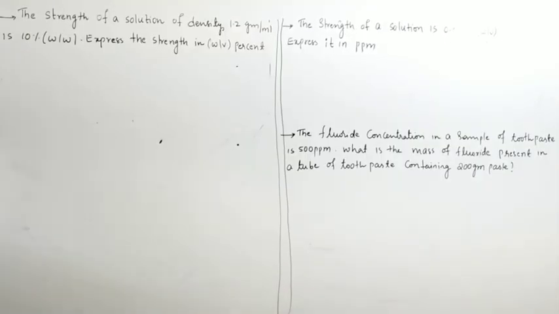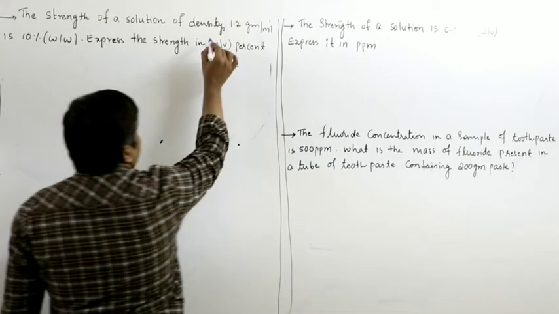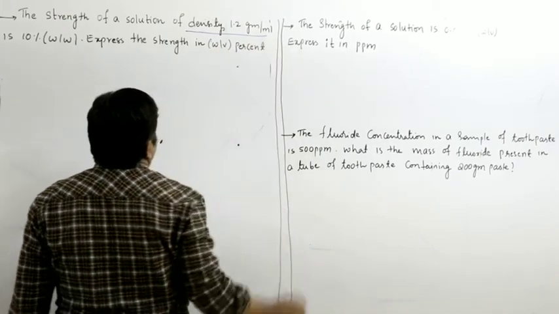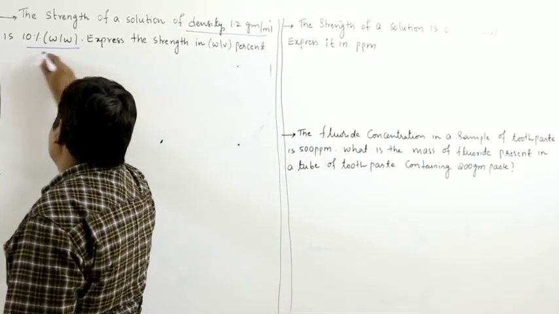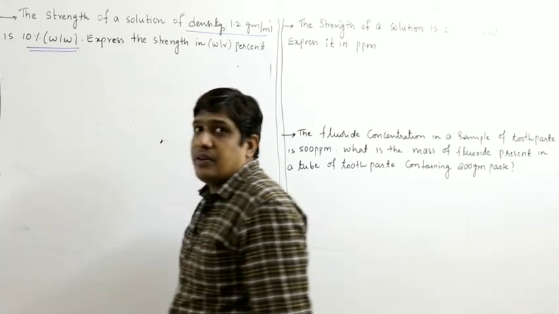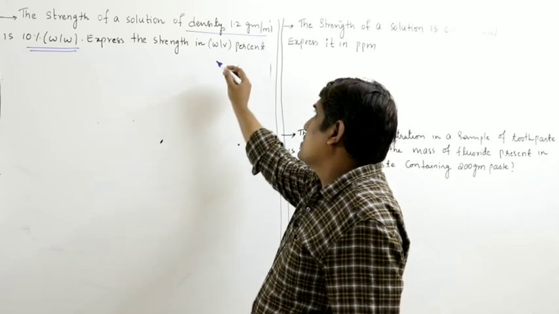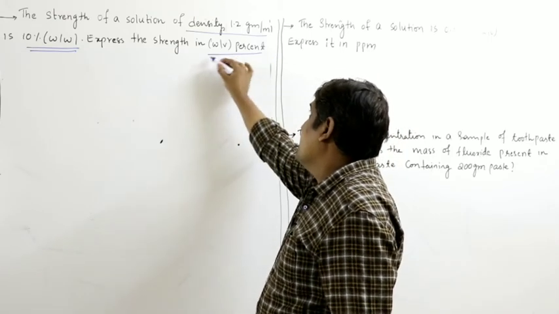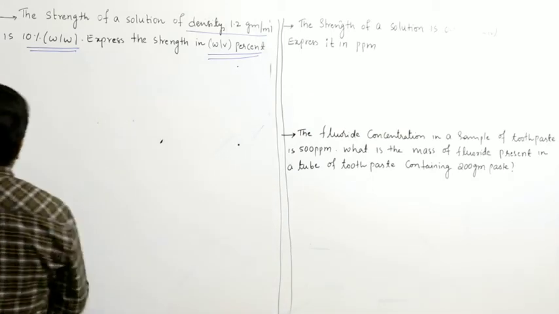Next question. The density of the solution is given, 1.2 grams per ml, and the strength is 10% weight by weight. So the weight by weight percentage is given, and the density of solution is given. Express the strength, that means concentration, in weight by volume percentage. So what is the relation between these?